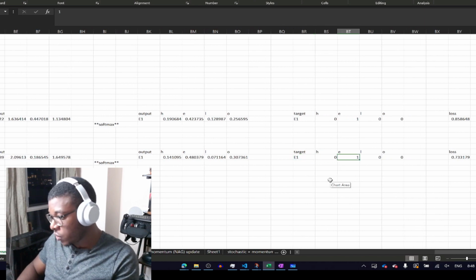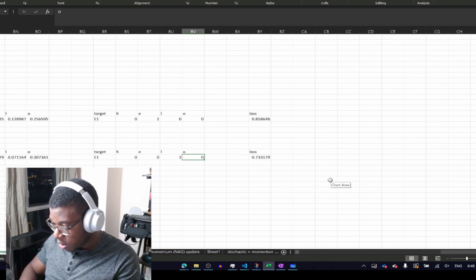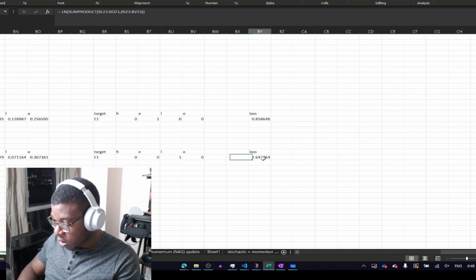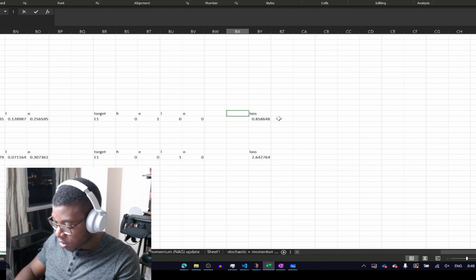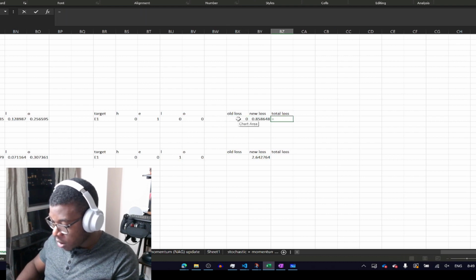Okay, so then in this case, our target will be, we want an L outputted. So then our, let me say old loss, new loss, total loss. Our loss is 0, and then we're just going to have to sum these two numbers up.